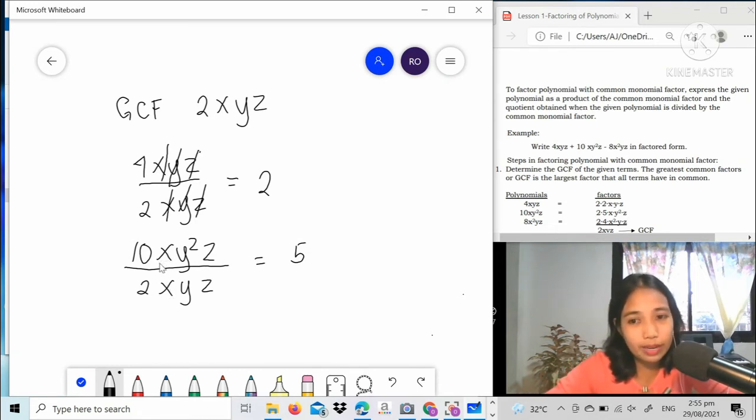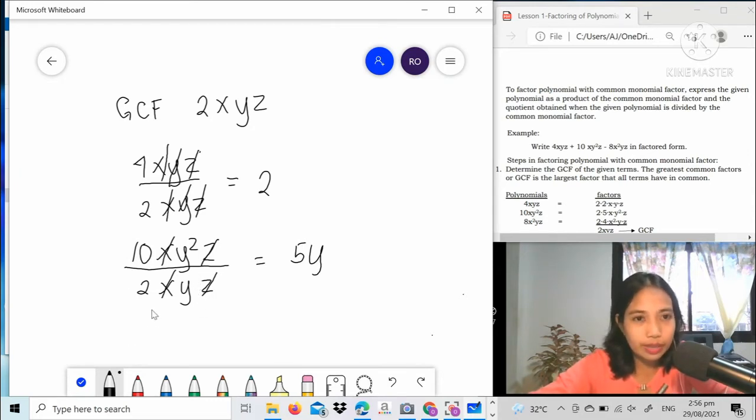So, since magkatulad ang kanilang exponent, the answer will become 0. So, we cancel this out. Mawawala ang x. In terms of y, this is 2. The exponent here is 1. So, 2 minus 1 is equal to 1. So, meaning to say, meron pang matitirang isang y. In terms of z, we can cancel this out also dahil walang matitirang z. The exponent will become 0.